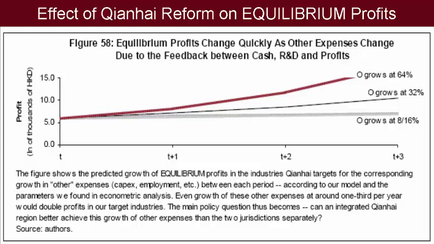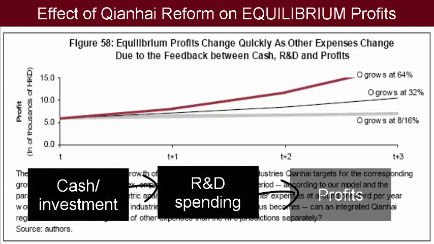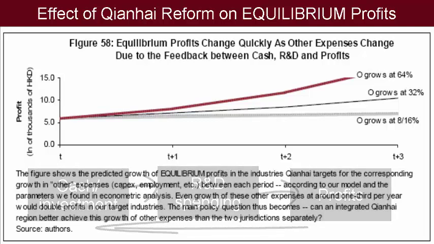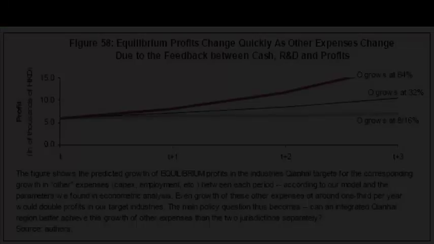In our model, it's the feedback loop between cash, investment, R&D spending, and profits which generates changes in profitability. As companies grow other types of spending, they should expect to see profits increase proportionally, because this increase in profits then generates cash which they use to generate more profits, as well as engage in more research and development.